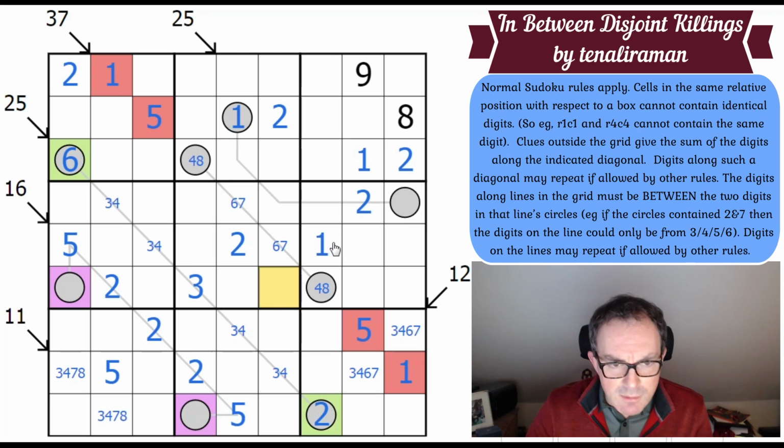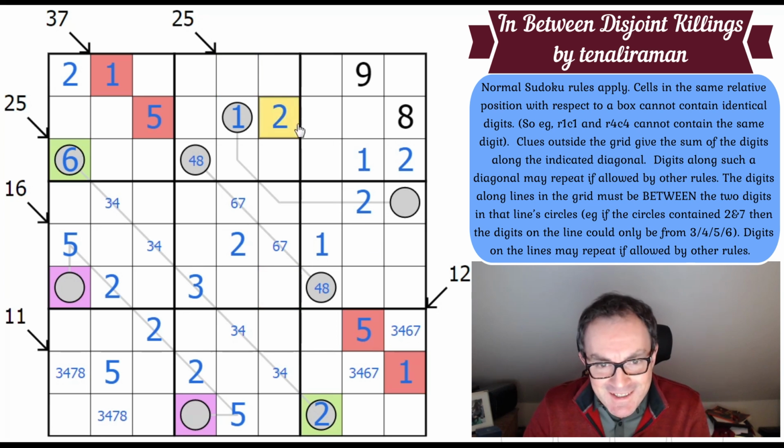I don't know. I don't know whether to look at disjoint sets or to look at this diagonal or to look at this between line.